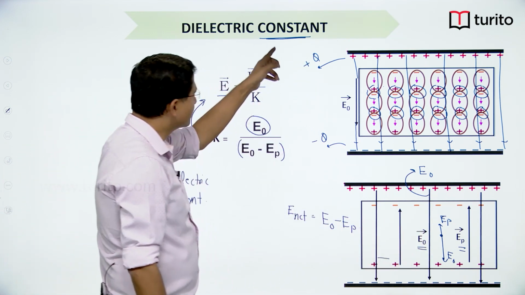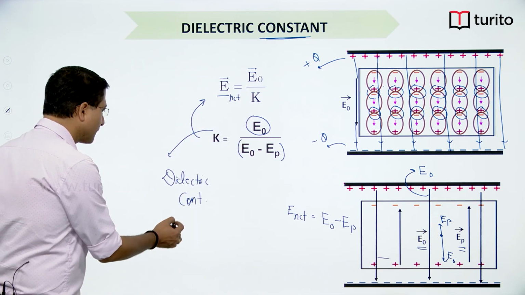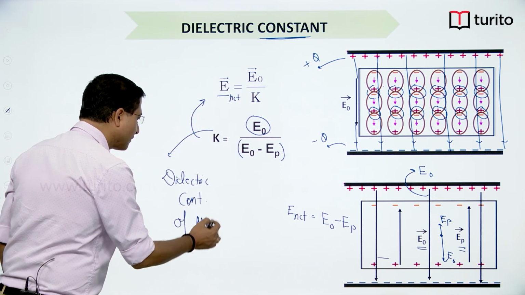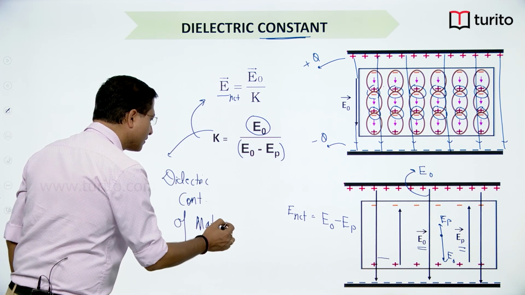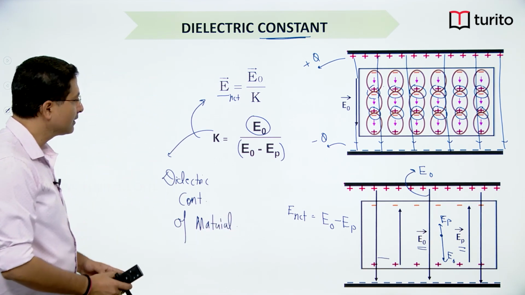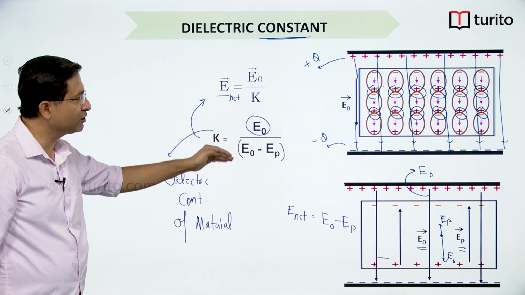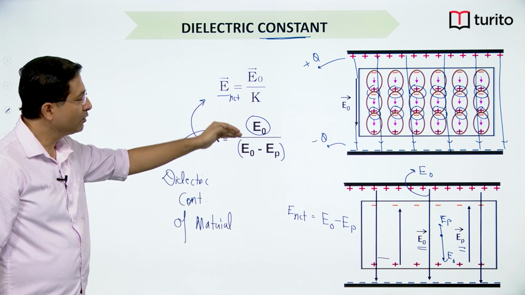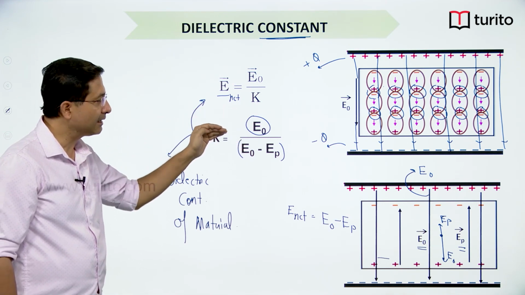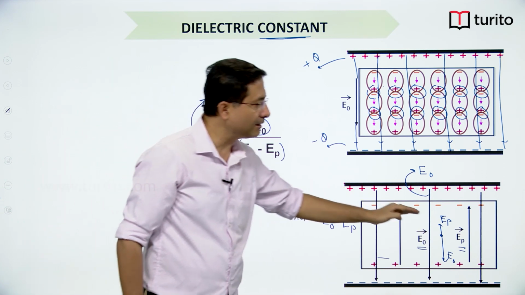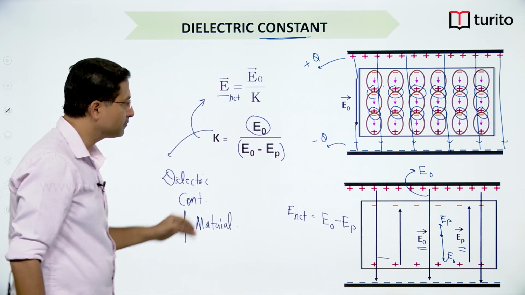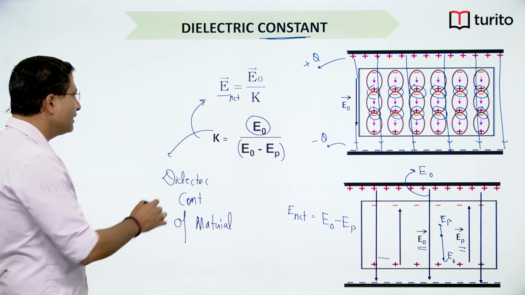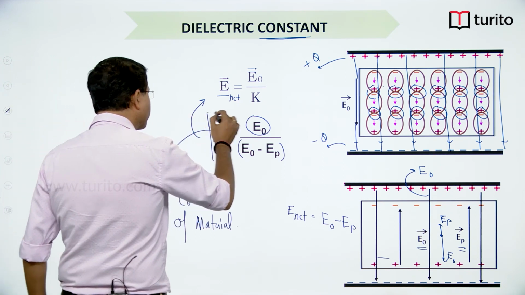So, the dielectric constant of a material is the ratio of the external field to the net field developed inside the material, right. So, this is the way we define the dielectric constant.